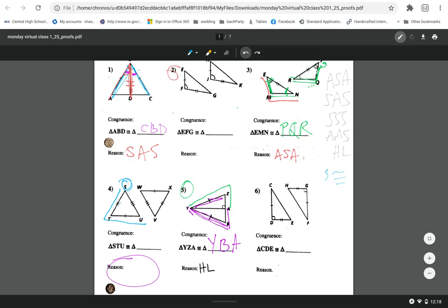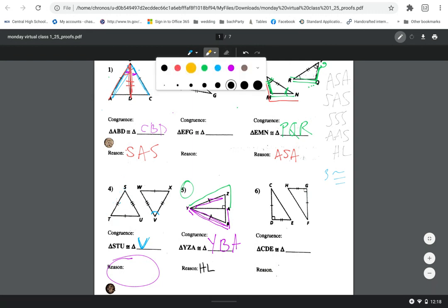So I have to look between the side with 3 marks and 2 marks, which would be angle V. So I'm going to start with angle V. If you have a highlighter, this is when it would be really good to highlight the different sides. So if I look at TU, why is it not doing that?